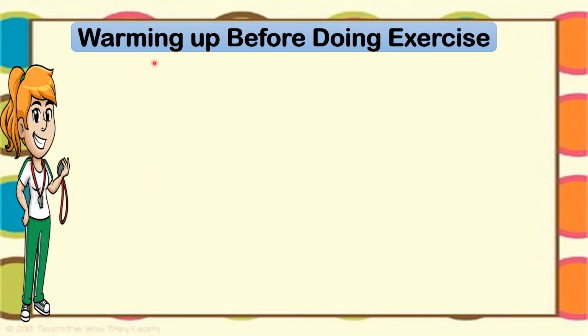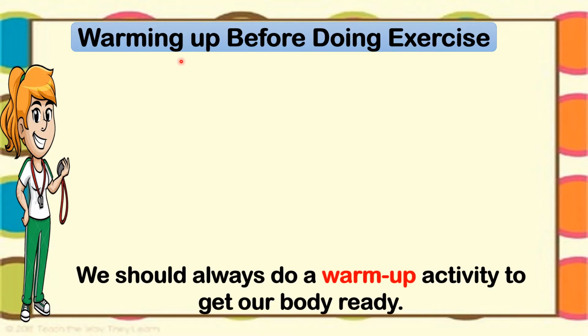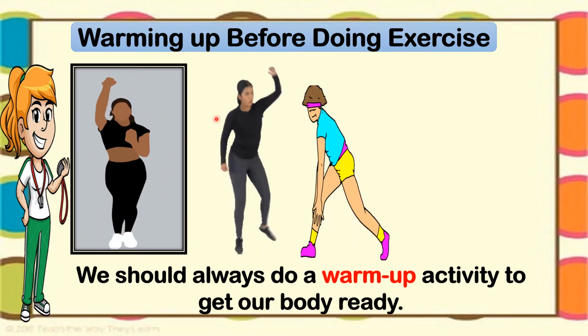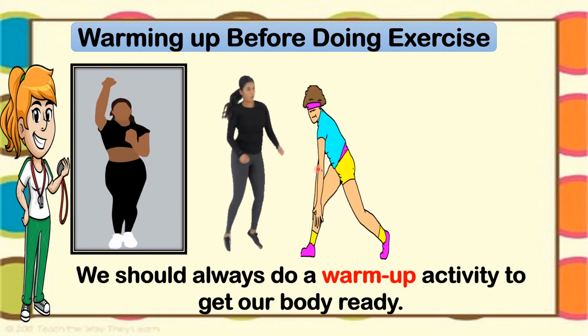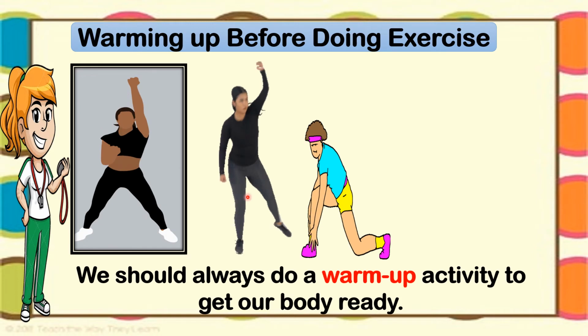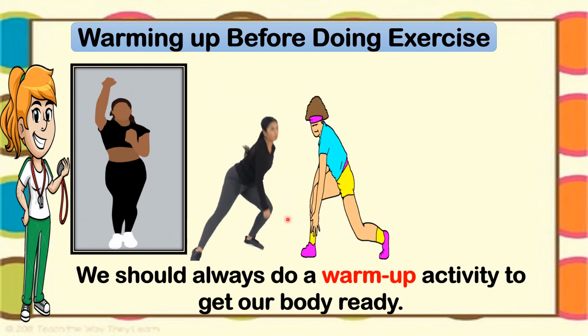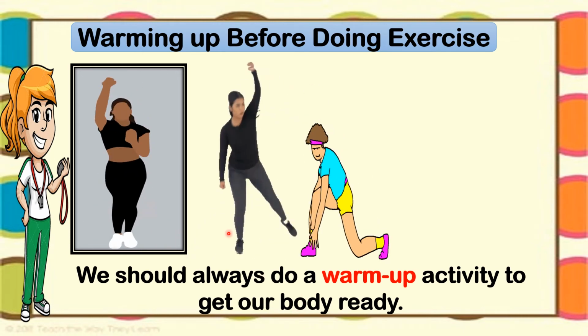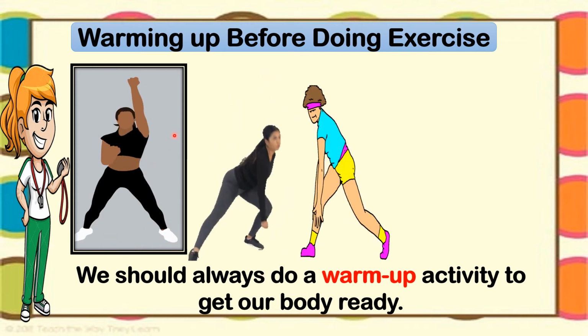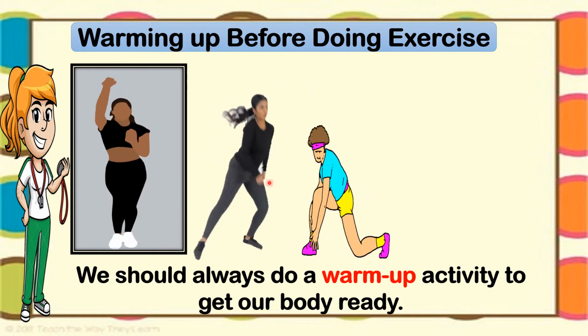When you say warming up before doing exercise, we should always do a warm-up activity to get our body ready. So, for example, here, the first one is having warm up, the second and the third. They are stretching their body so that it will be ready whenever they do different activities or exercise.